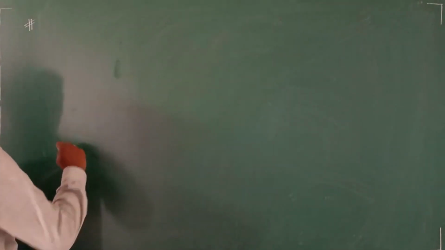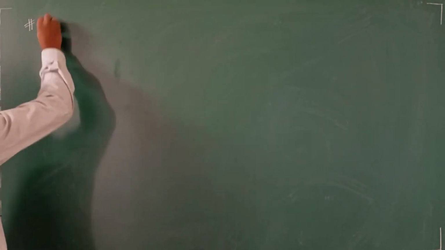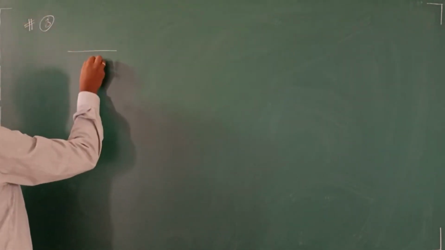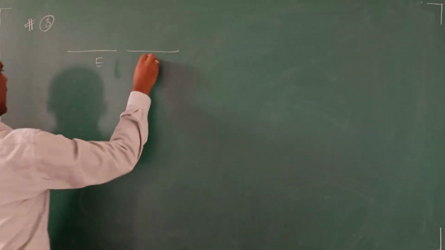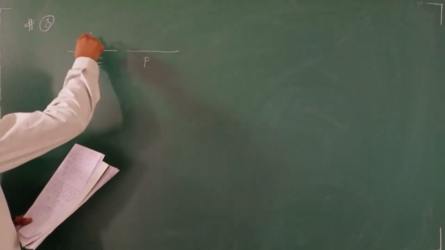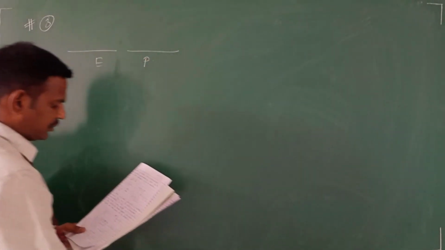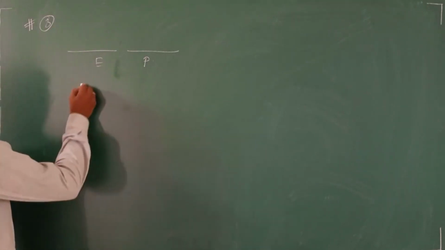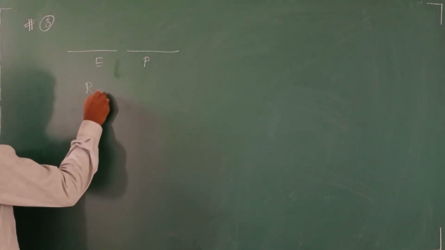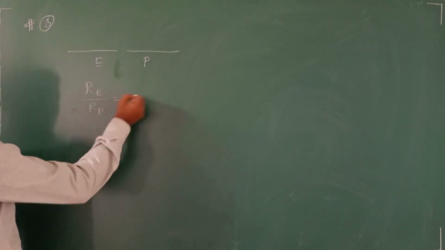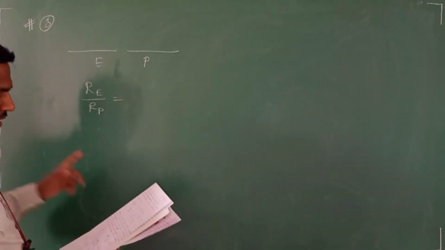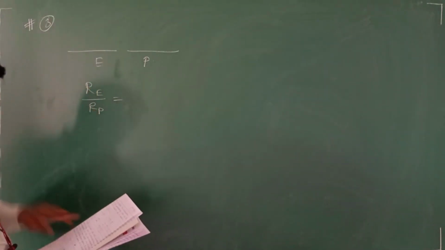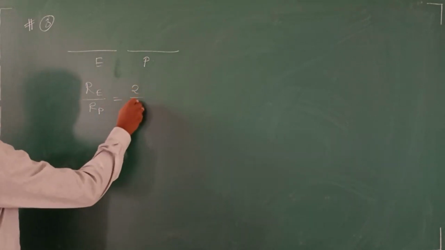So here we are given two pieces of information. This is problem number 3. One is the Earth, another is the imaginary planet. The ratio of radii of Earth to the other planet, Re upon Rp, is 2/3.